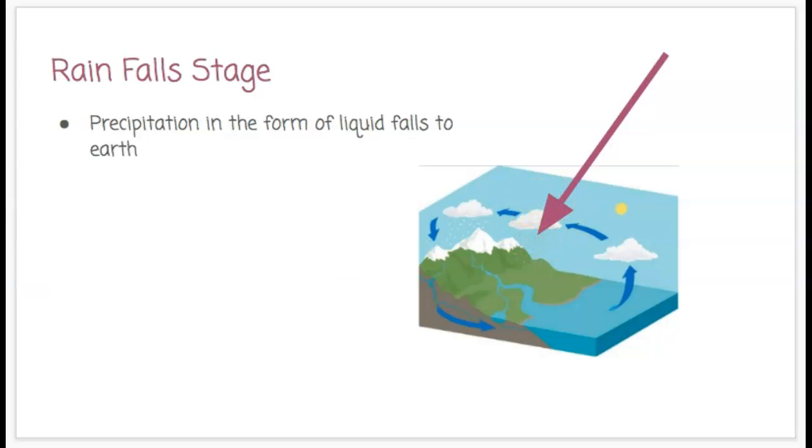Now, all of these stages may have seemed a little bit out of order, but the thing is that all parts of the water cycle are happening at all times. So, although there is an order to it, there is water that is evaporating and raining down and forming water droplets and clouds and melting, and all those things all at once.